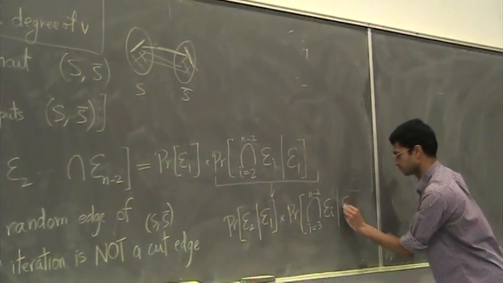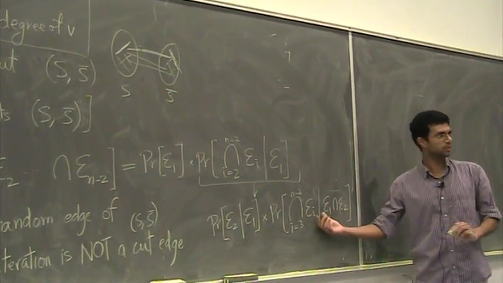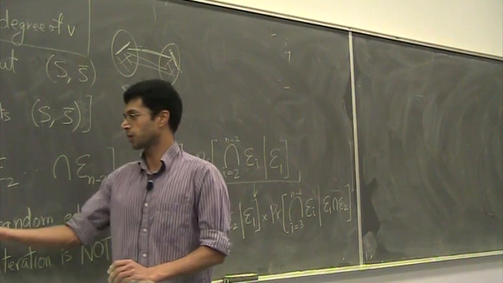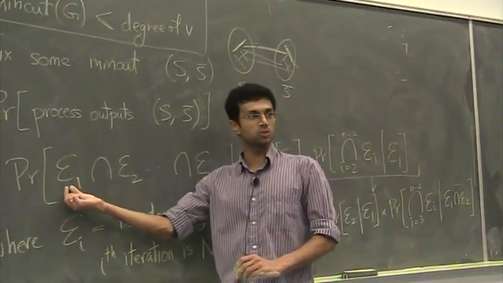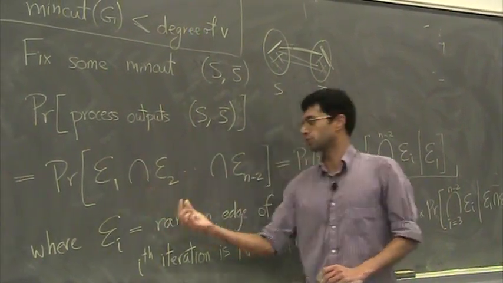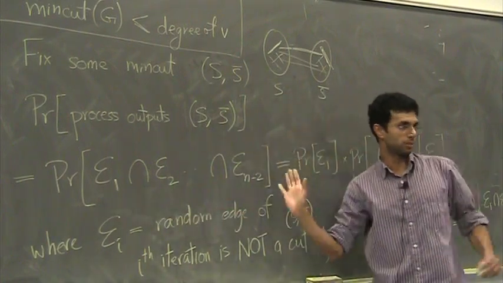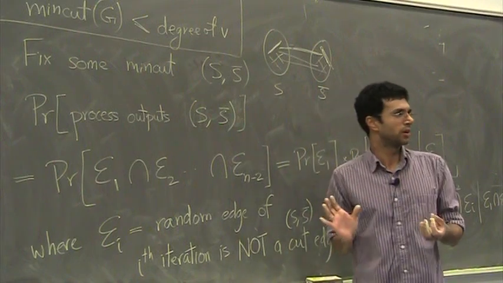Does this make sense? If you chain this together, it just says: what's the probability that this happens? Then conditioned on this, what's the probability that this happens? Then conditioned on these two happening, what's the probability a third one happens? Then conditioned on the first three happening, what's the probability the fourth one happens, so on and so forth. So that's really what's going on.